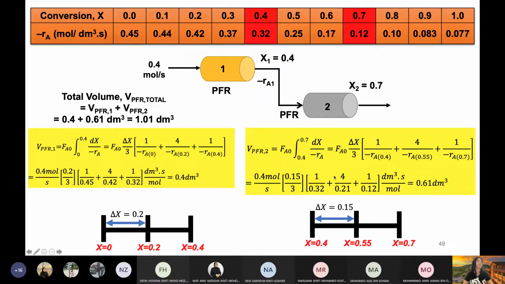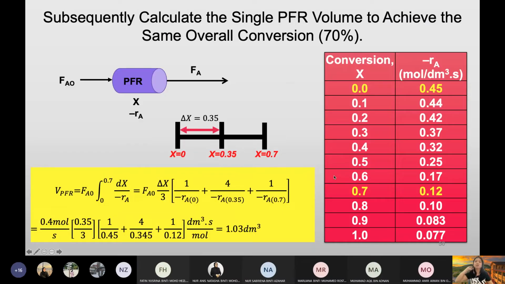Okay, next, let us do kalau kita guna 1 PFR terus. So kalau 1 PFR straight away means straight away achieve 0.7 using one single PFR. So I'm integrating from 0 to 0.7 pula. Okay, so maksudnya equals to FA0 delta X per 3. So again, case ni kita tengok balik delta X dia.